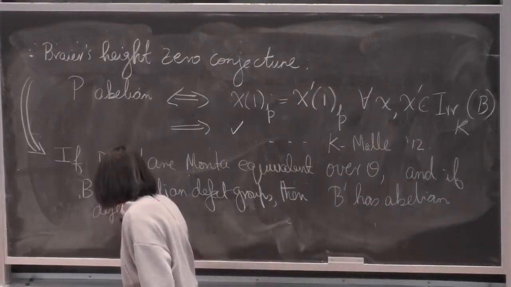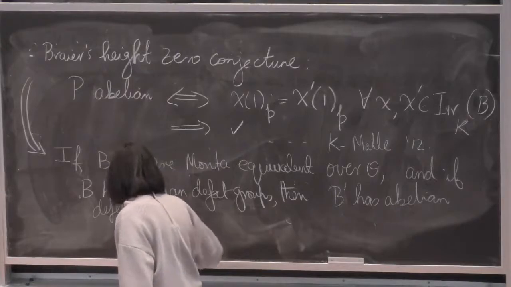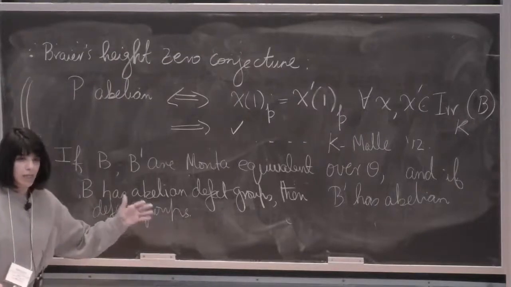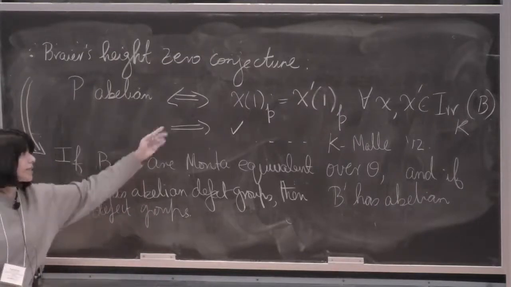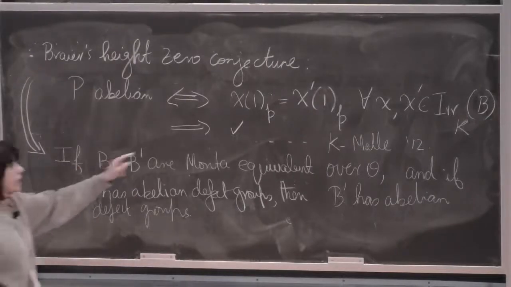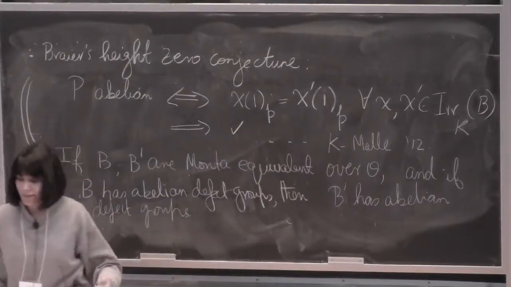Namely, Morita equivalence preserves being abelian. And if you have the height zero conjecture, yes, because if two blocks are Morita equivalent, then you can show that there's a bijection between their characters. That's easy, but it's a height preserving bijection, so it will preserve the p-part of these things. I mean, it'll preserve this condition, and then you'll get it.